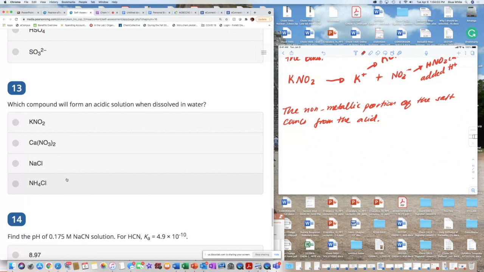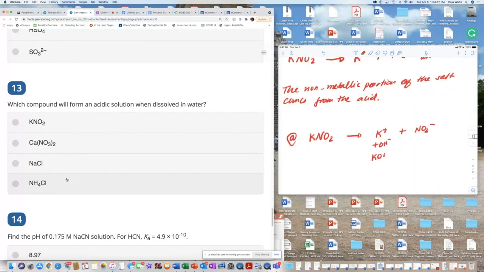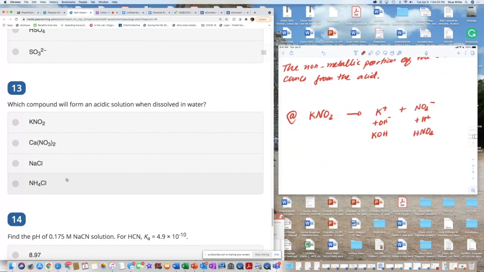So starting with salt, let's call it salt A. Potassium nitrite. K+ NO2-. Add OH-, and I get KOH. Add H+, and I get HNO2. Then I have to judge, what kind of base is this? Strong base.